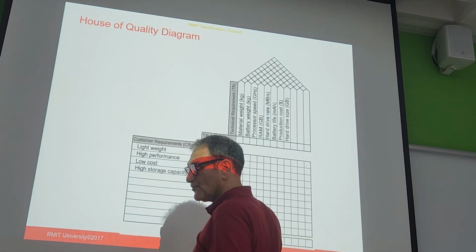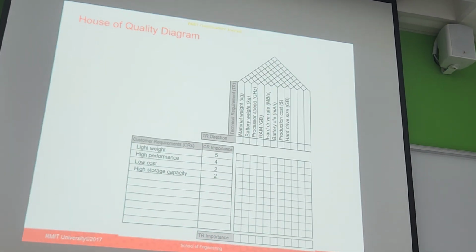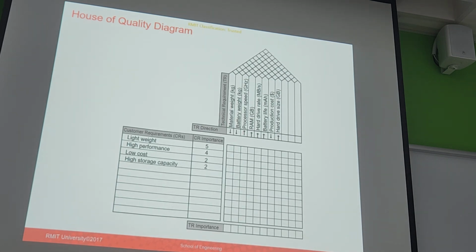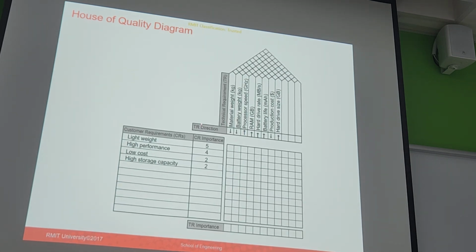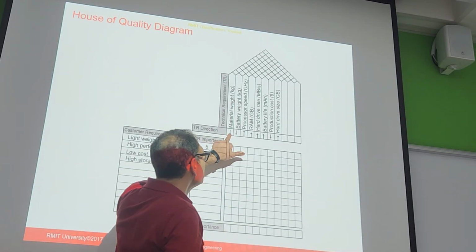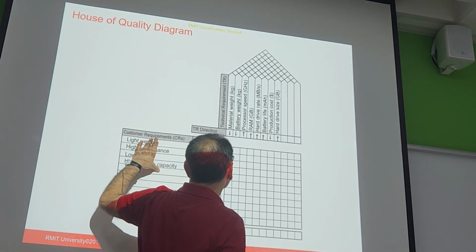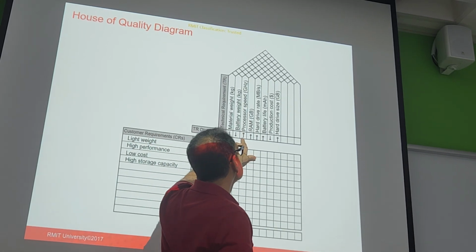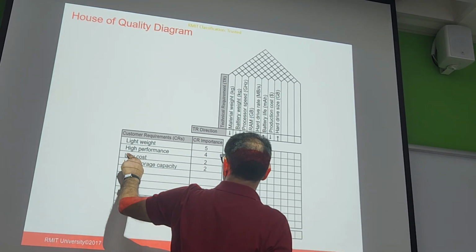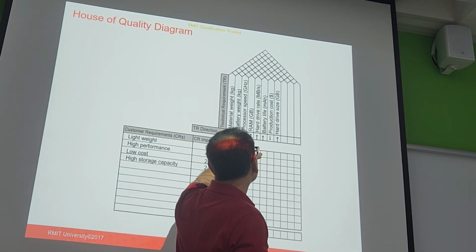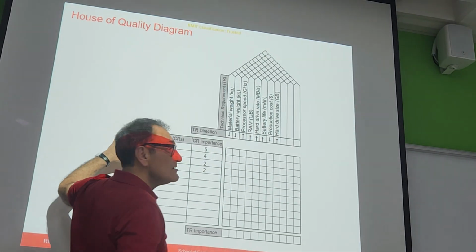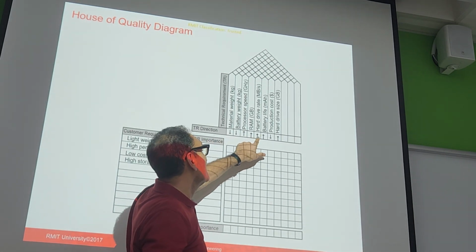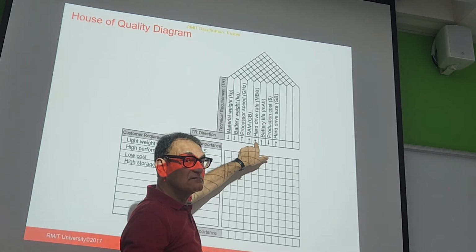And this is based on the 4 customer requirements. Then again, you have to put the direction: minimize the weight, minimize the battery, maximize the processor because it needs high performance, RAM definitely. You see, the customer didn't say anything about the RAM, but you have to increase it. We need a hard drive increase.